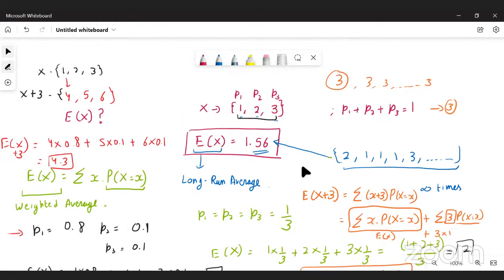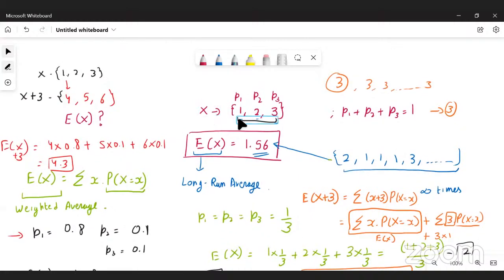Suppose my random variable takes values 1, 2, and 3 with probabilities P1, P2, and P3. Do you know what expectation tells us? It tells us about the long run average, meaning if I keep doing the experiment an infinite number of times.